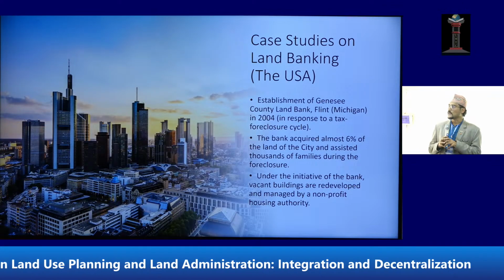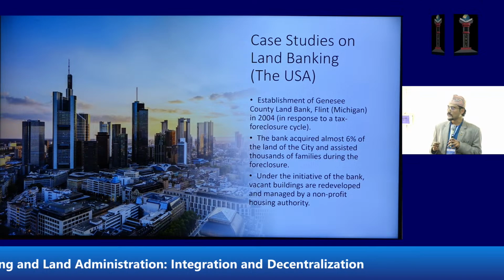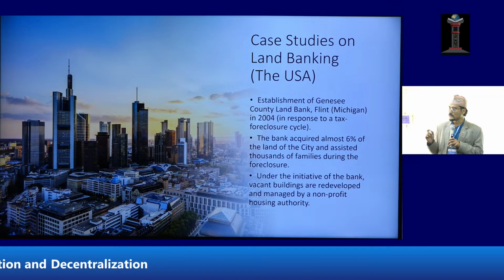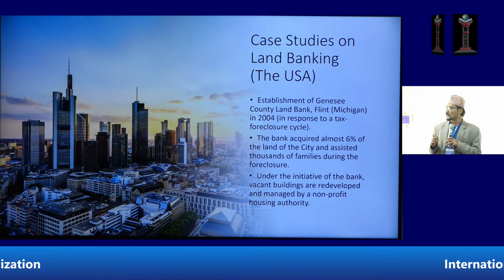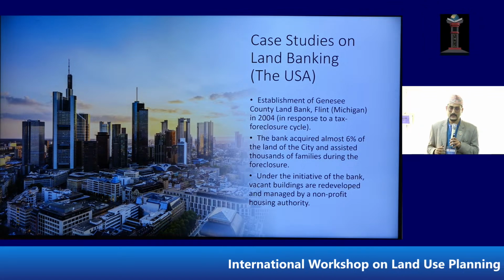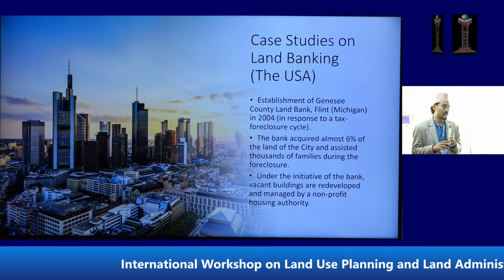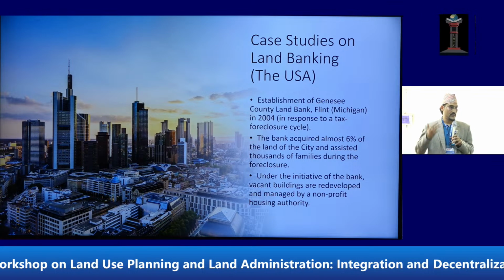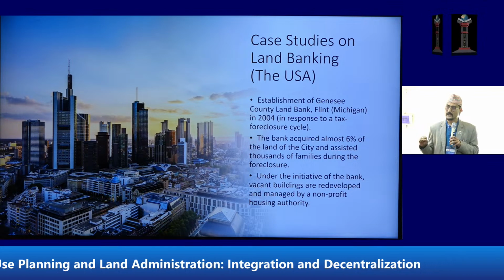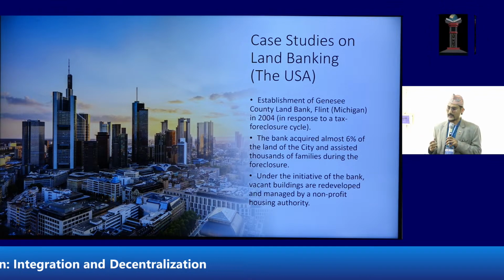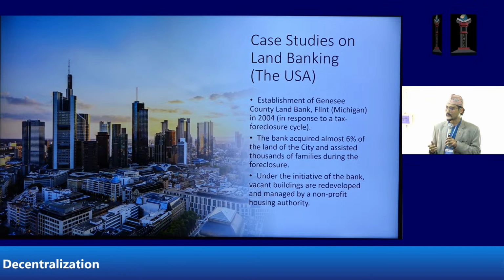And the next was on the United States. There was a land bank established in 2004 in Genesee County, which is in Michigan. It was established in response to the tax foreclosure cycle. There was an economic financial crisis, and in response, they established this land bank, which greatly addressed the housing crisis at the time.